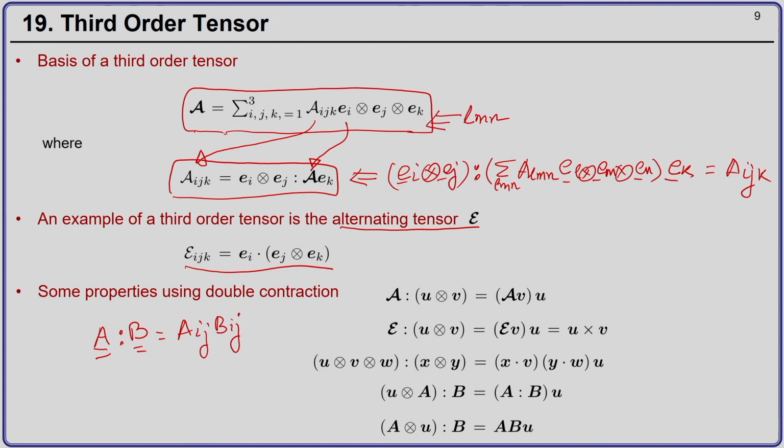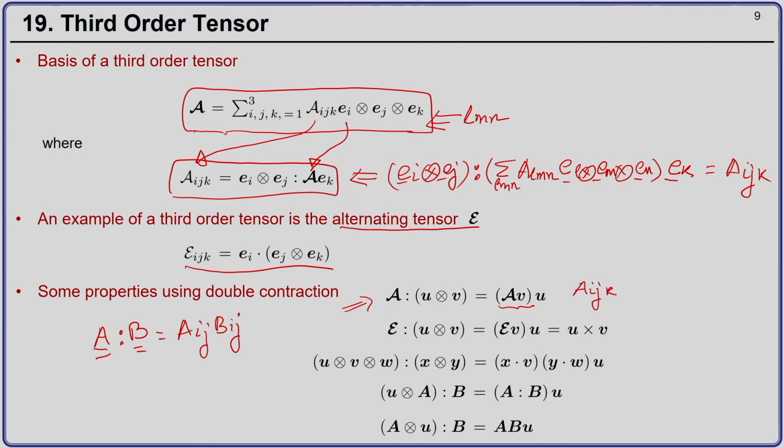Similarly, we can extend the definition to higher order tensors. So, for example, a third order tensor double contracted with a dyad u tensor product v will be nothing but A v into u. So, this you can easily show. I will write using index notation to be very fast.